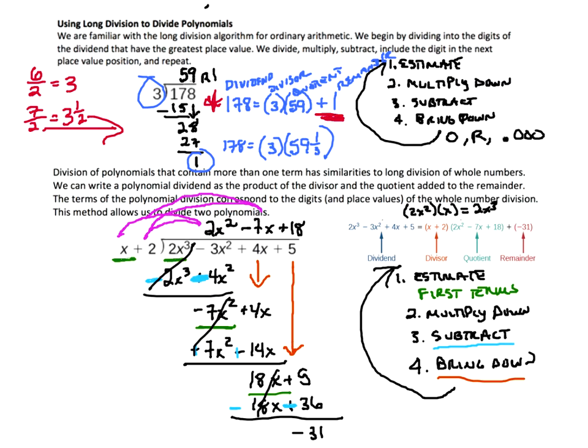So this is what this tells you, and this is why I spent time on the numerical example pointing this out. The original polynomial, your dividend that you started out with, is equal to your divisor, x plus 2, times your quotient, 2x squared minus 7x plus 18, plus your remainder of negative 31. And you could just write that minus 31.